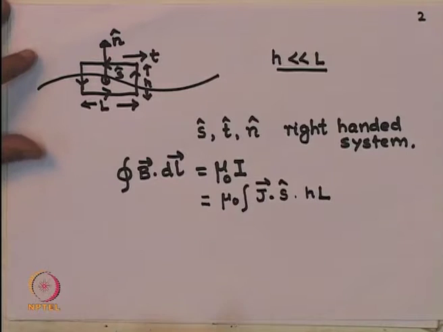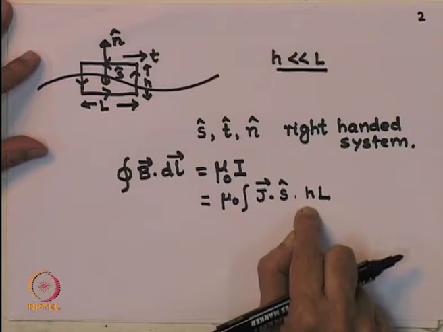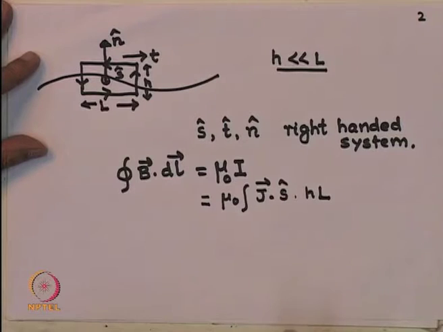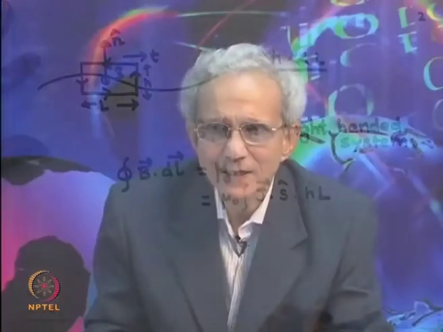Now, I define a linear current density. This will be simply J times h. The idea is that just as ordinary current density is something which passes through an area, in this case a linear current density is a current which crosses a line.